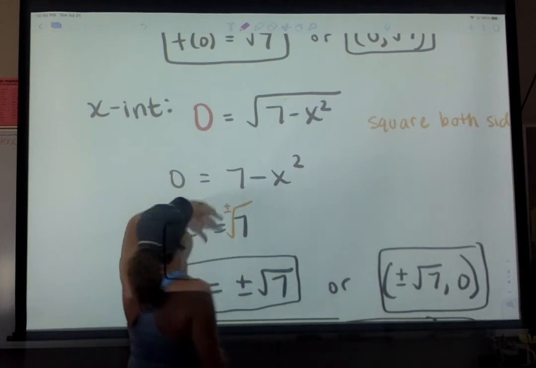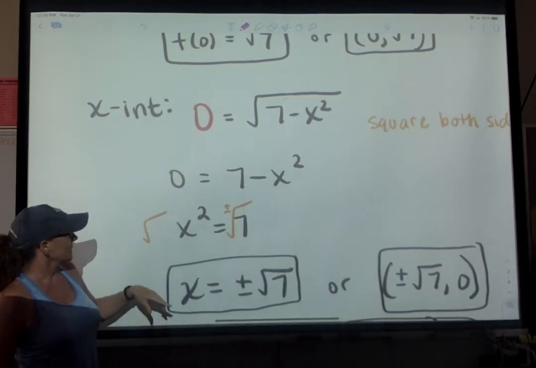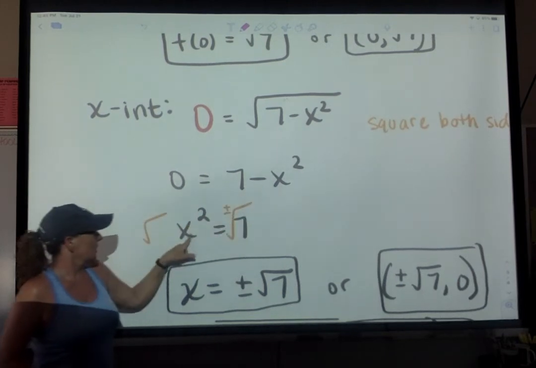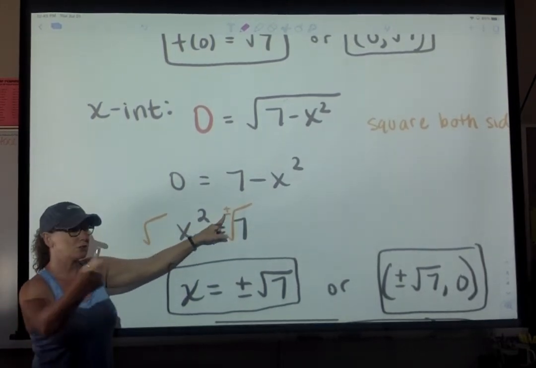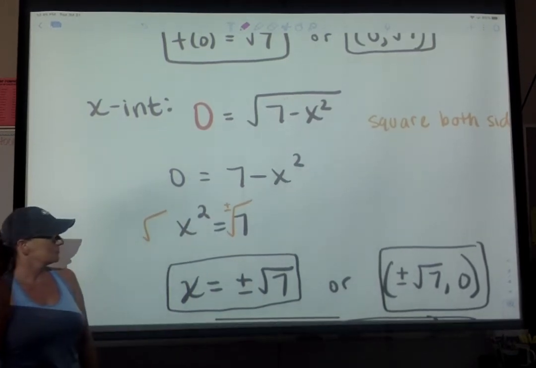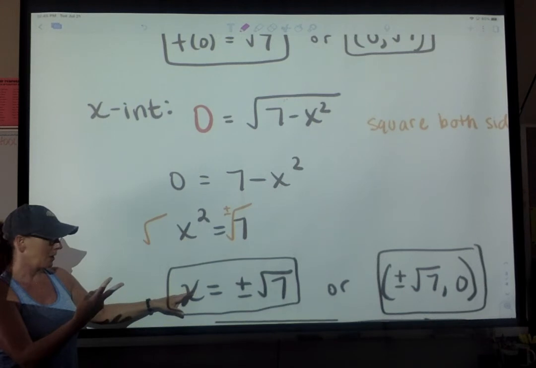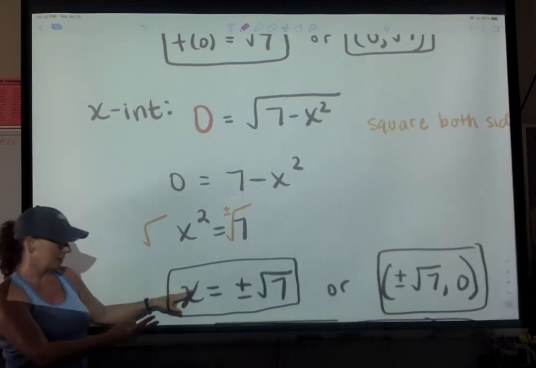So in order to free it, I'm going to square both sides. This is what I get. I'll move my x squared over, and then I square root both sides. Remember, when you square root both sides of an equation, you've got the positive and the negative root. And so I've got two x-intercepts, positive radical 7 and negative radical 7.